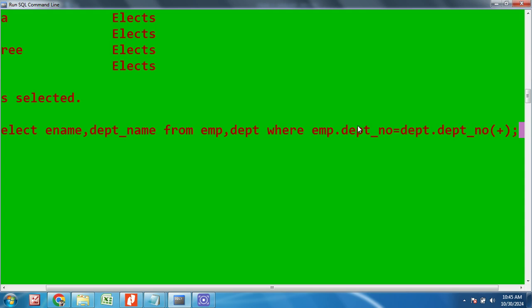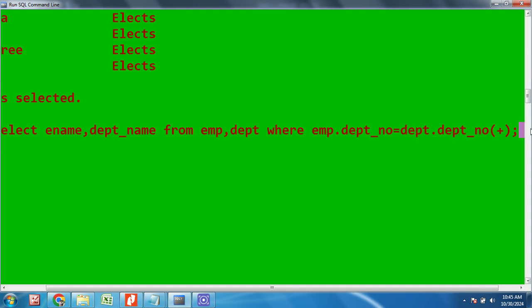When we use left outer join, we use the plus symbol at the right hand side of the equal sign. So this is an example of left outer join.